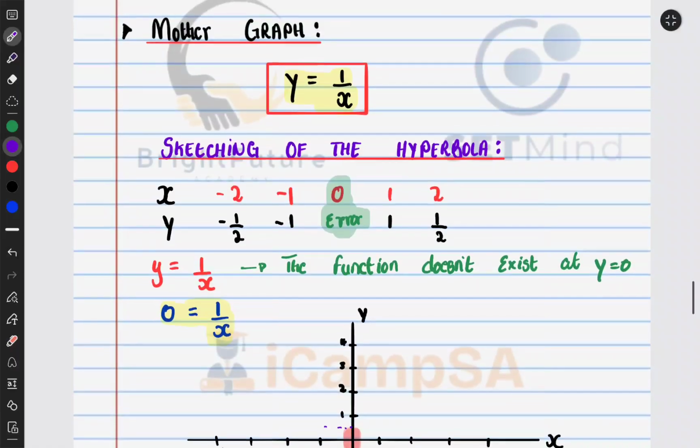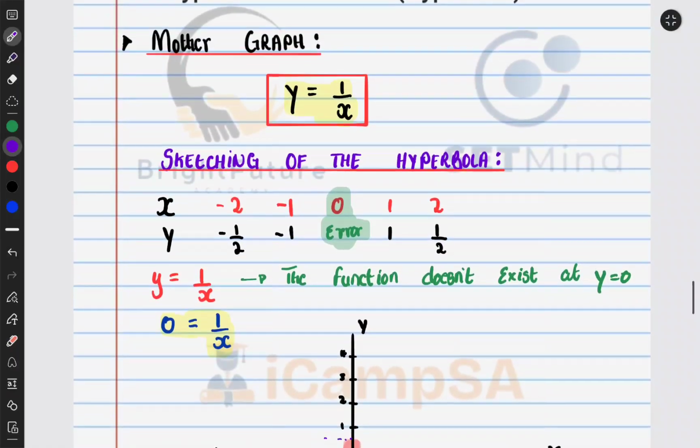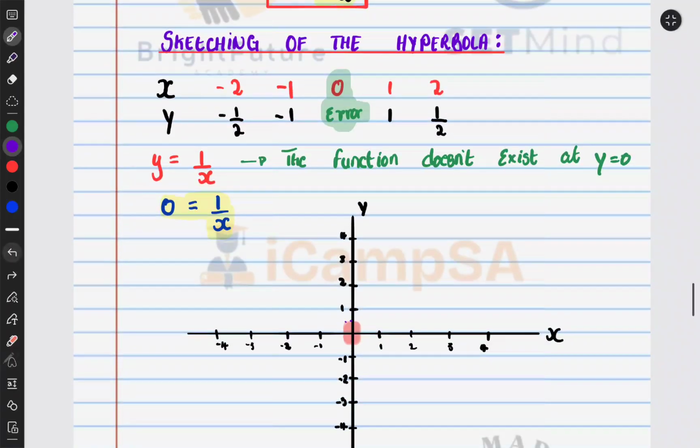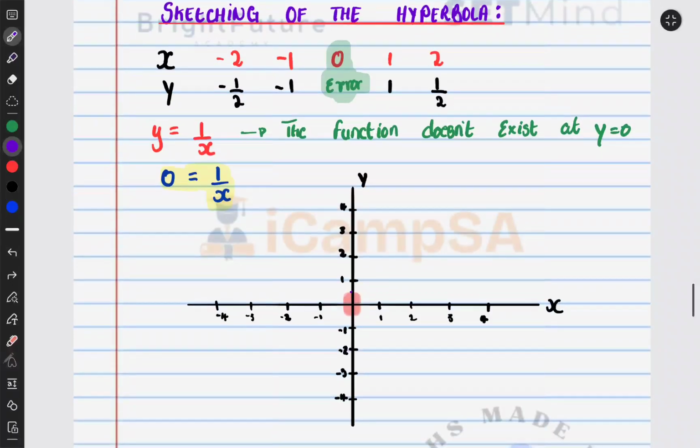Where x is -2, 1 divided by -2, yeah, I'm making a mistake. So where x is -2, here y is -1. So it's just going to be halfway there. We're going to have a point here. That's the first point. And then where x is -1, y is -1. So we're going to have a point there.